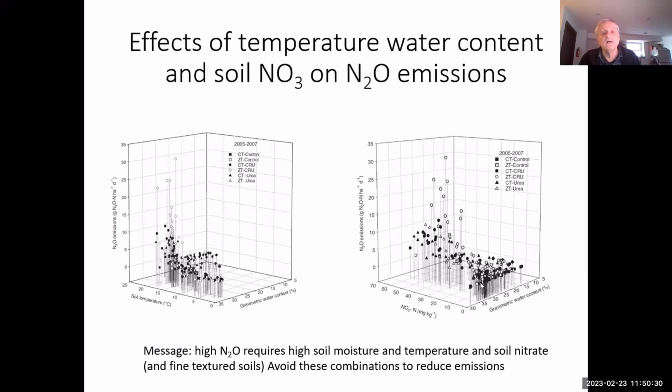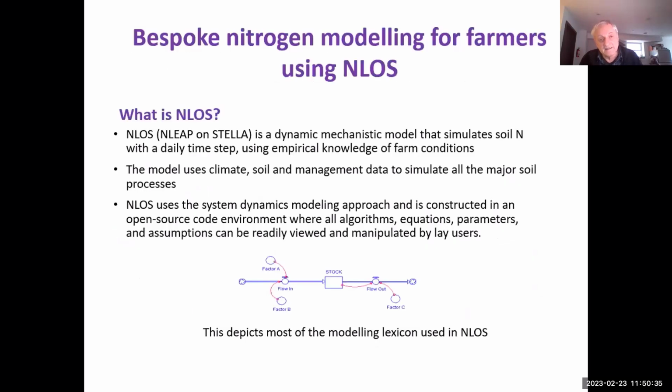So we need to understand the dynamics of the nitrogen in the system. To do that, Derek, who will be giving you a workshop soon, has developed bespoke nitrogen modeling for farmers using a model that he developed called NLOS, which is NLEAP on Stella, and NLEAP was developed by USDA. Derek has put it onto this icon-based system, and this is what the model looks like, a small part of it, but it depicts all of the lexicon of the model.